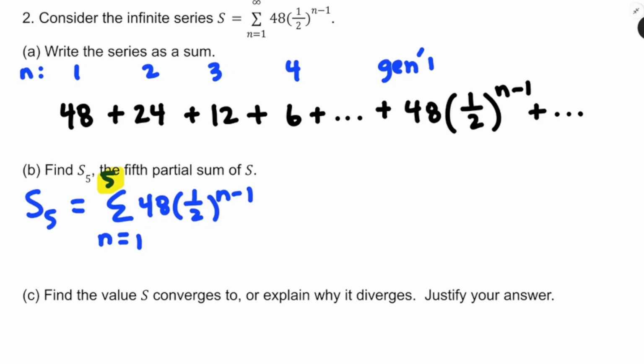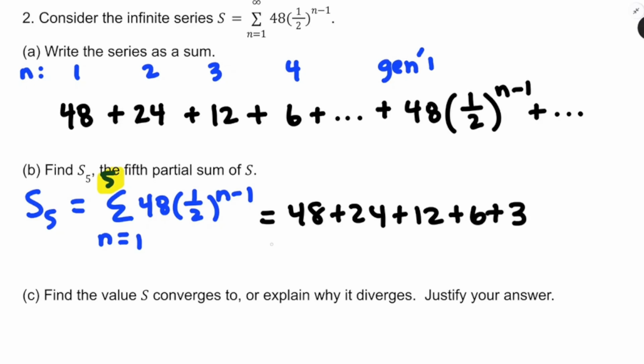So let's say that equals 48 plus 24 plus 12 and 6 and then also 3. So let's see, I'd like to add 48 to 12 to get 60, 24 to 6 to get 30 more is 93.